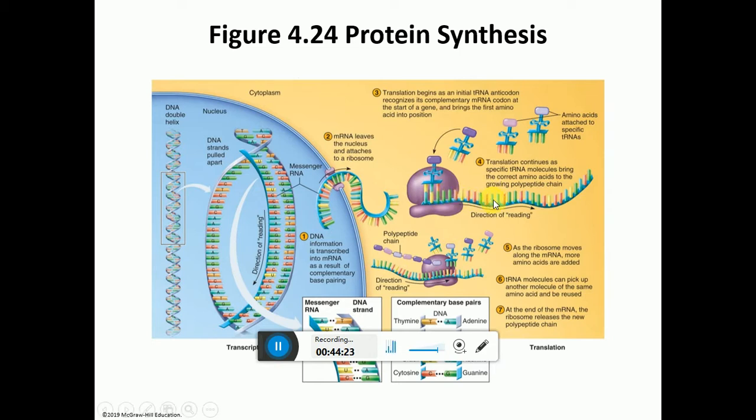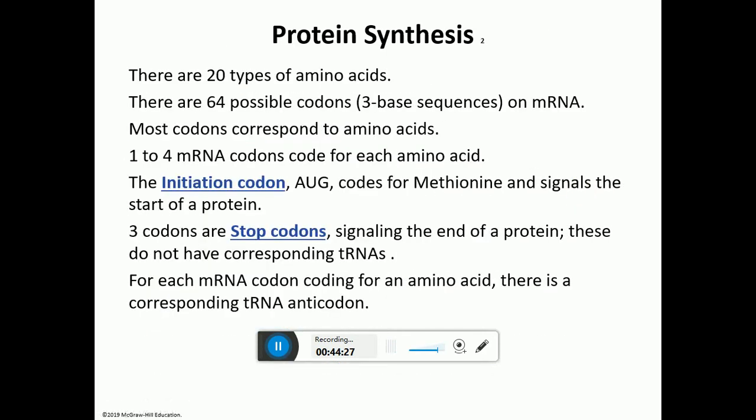And it'll keep on going down until it reaches what are known as stop codons. There are 3 different stop codons, and that's how your ribosome knows that this is where I'm going to stop, and I'm done making this one protein.